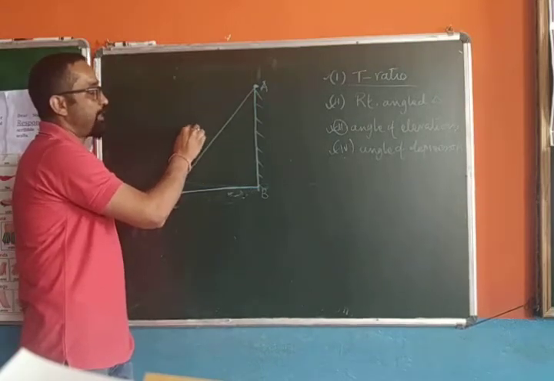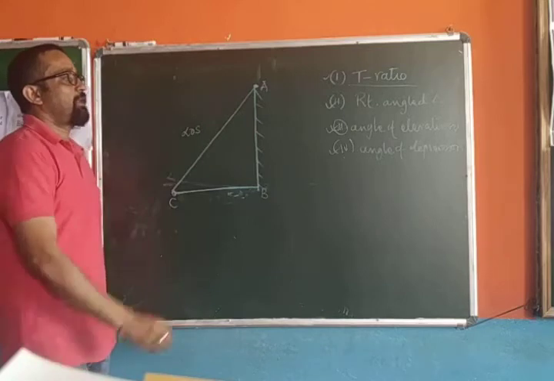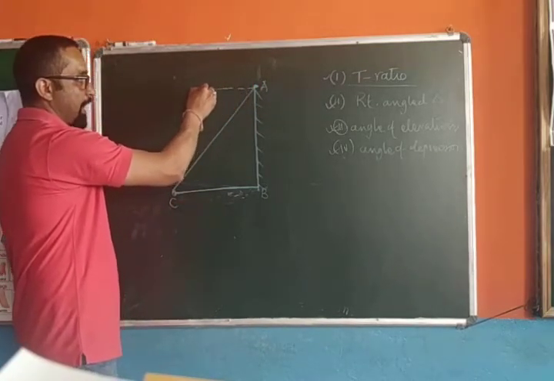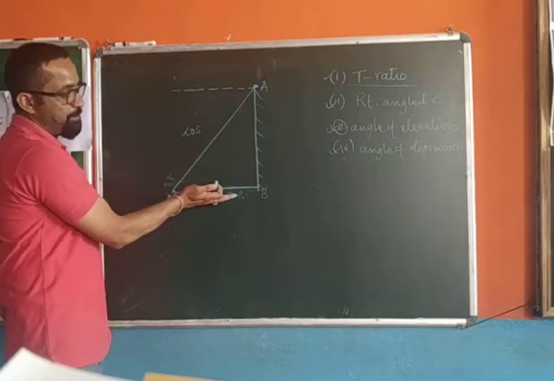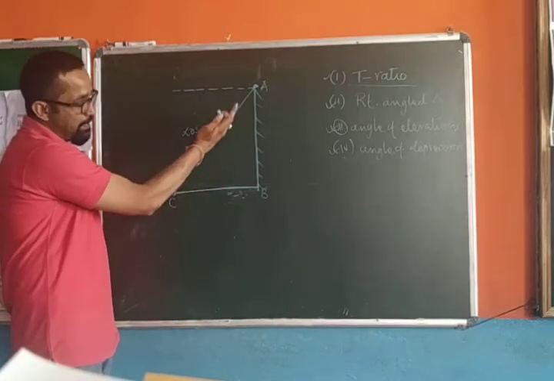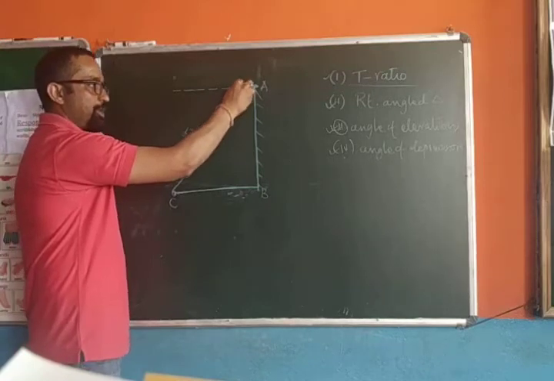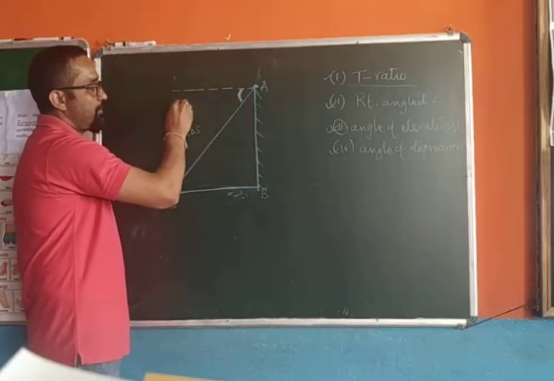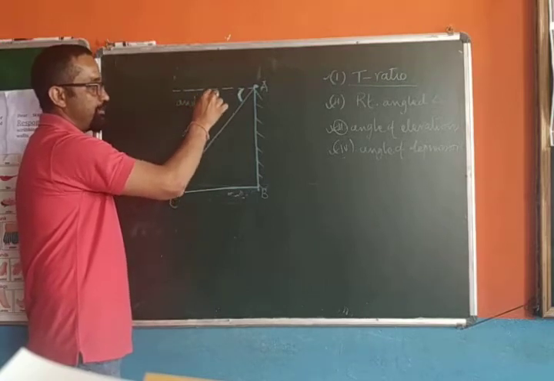AC is called line of sight. The angle formed between the line drawn parallel to the base and hypotenuse is called angle of depression.